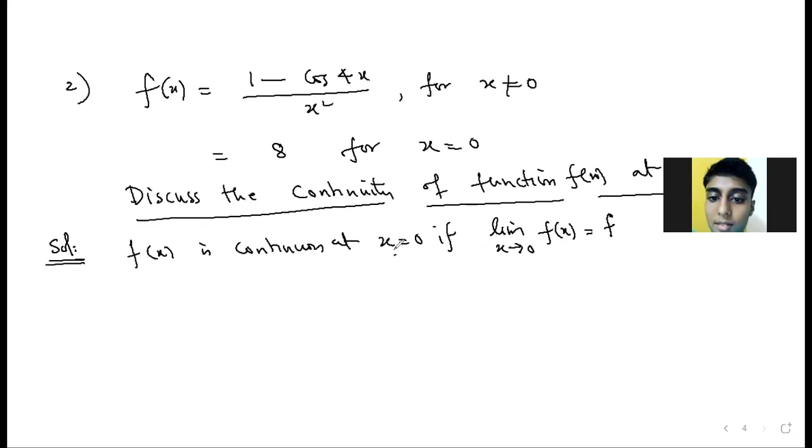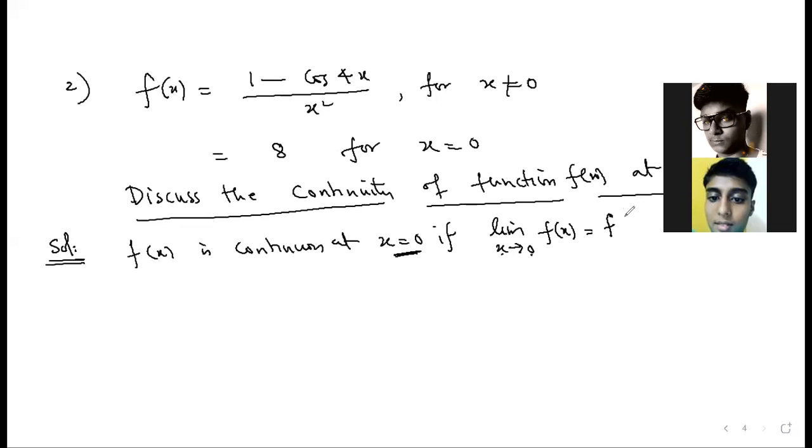When do you say the function is continuous at x equal to 0? When x comes near 0, the value of the function should be equal to the value of what? f of 0. 0 should come in place of x. Tell me, Johar.